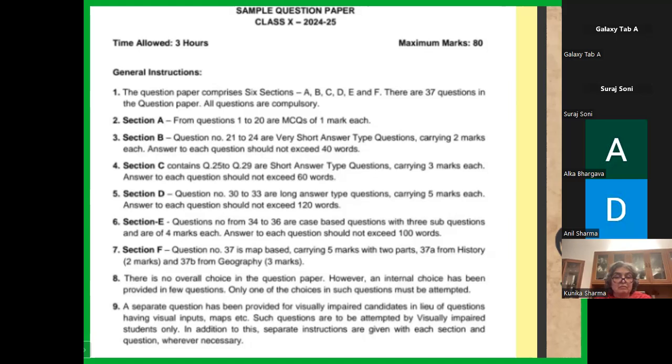Because earlier the concept was, the more you write in social science, the more marks you will get, and that was the reason why children would not feel very confident that whatever we have learned or whatever we are writing is sufficient enough. Now deciding a word limit helps the teacher as well as the student.